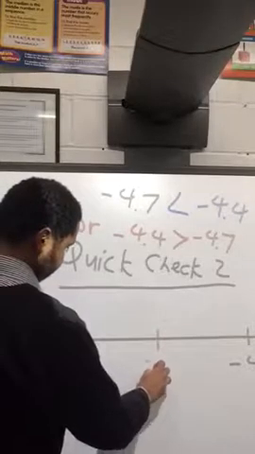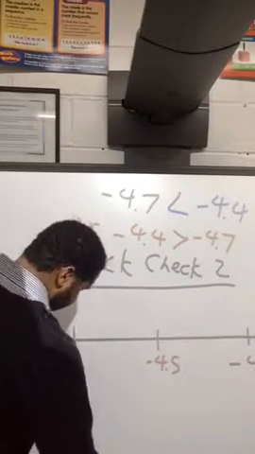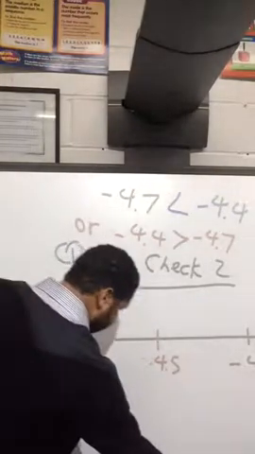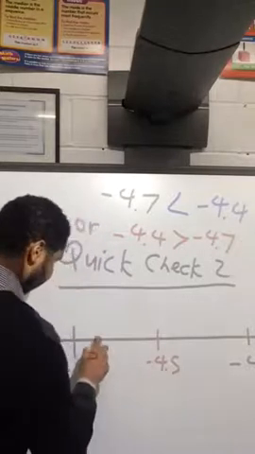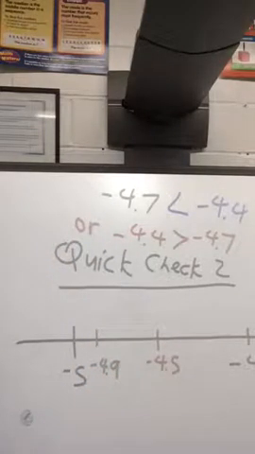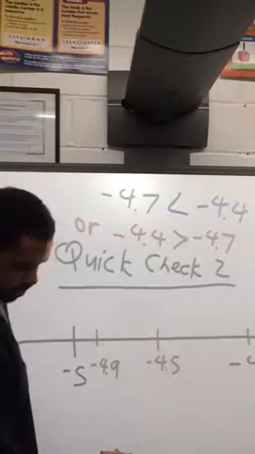So of course, in the middle, you can use negative 4.5 as a marker. Of course, negative 4.9 has to be closer to negative 5 than it is to negative 4.